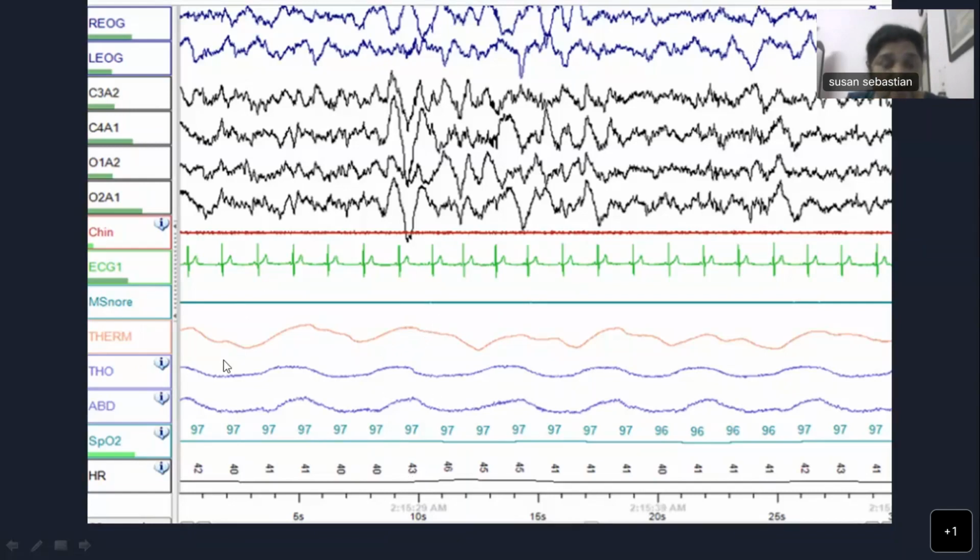So this is the airflow, this is the thoracic movement, and this is the abdominal movements. This is the SpO2, or the arterial oxygen saturation, and this is the heart rate. You can also have a lead for leg movements. So looking at all these, you will be able to decide which type of sleep disorder you have, looking at the abnormalities in this pattern.